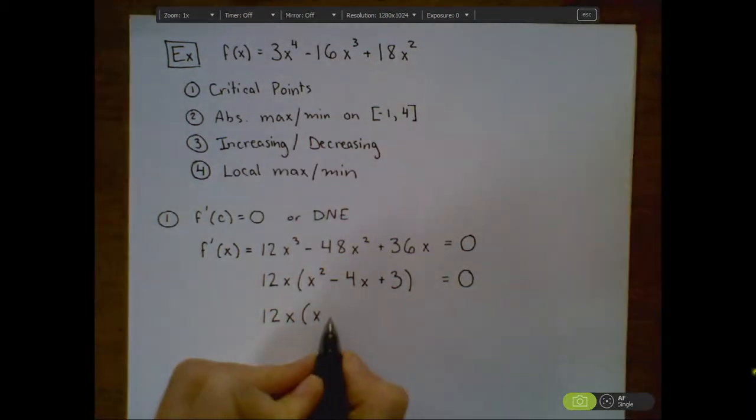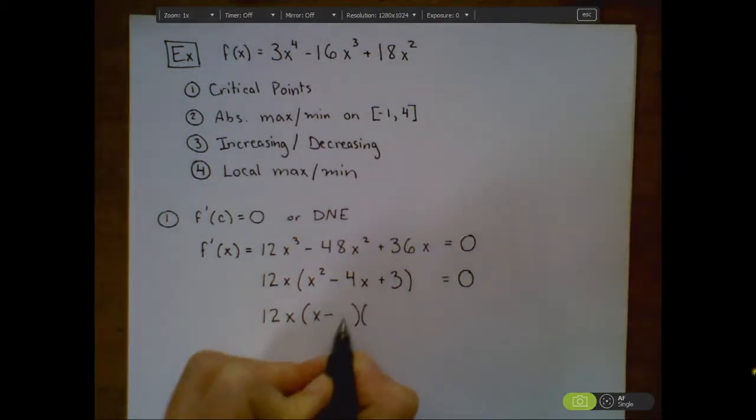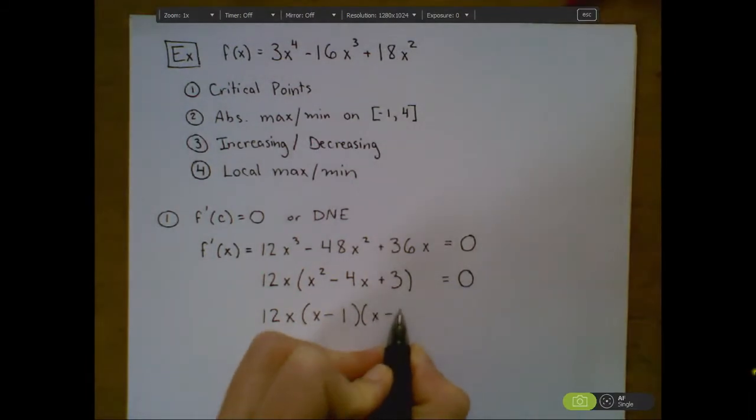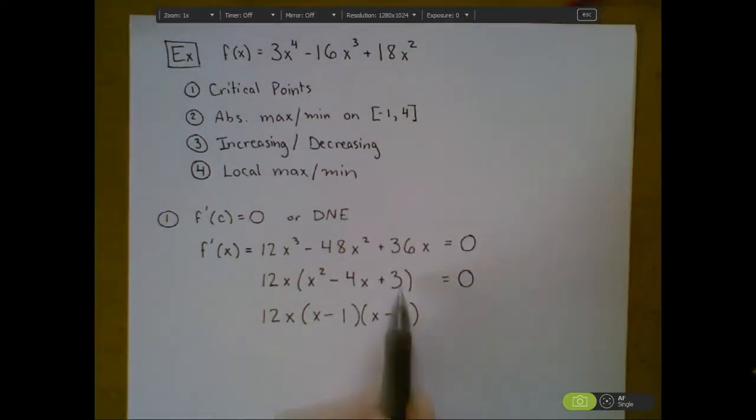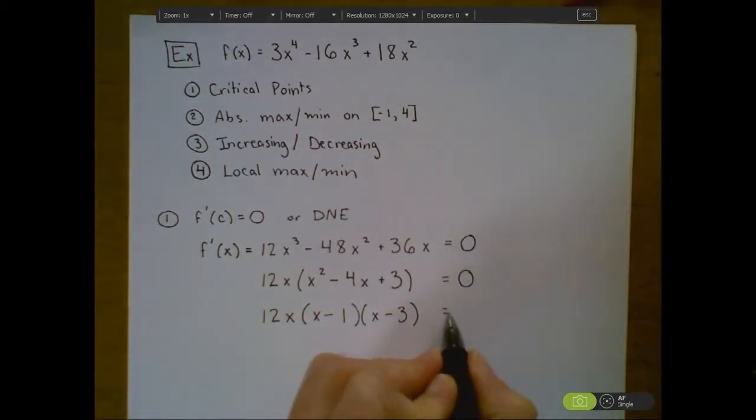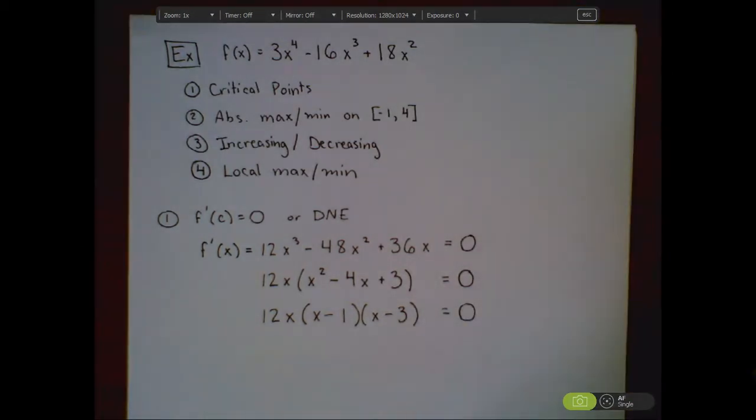So I'm going to go with two negative numbers, negative 1 and negative 3. And I can verify really quick that when I multiply this out, I get x times x is x squared, negative 3 minus 1 is negative 4, and negative 1 times negative 3 gives me the positive 3.